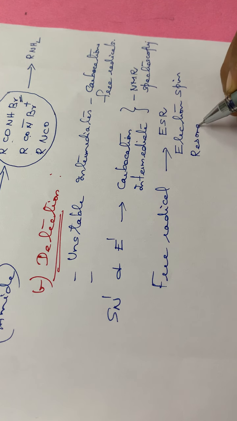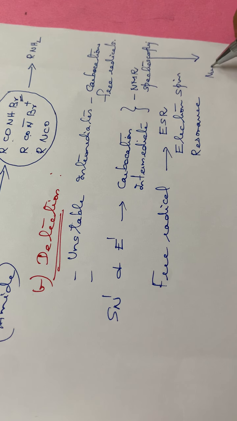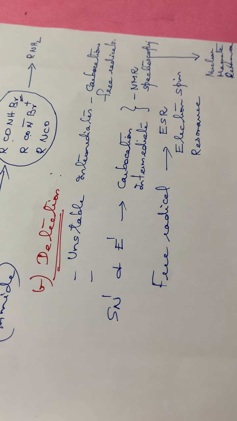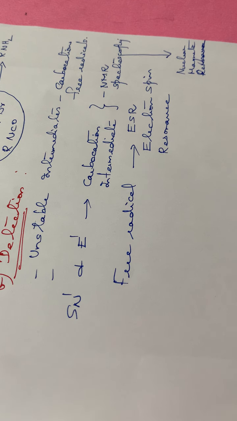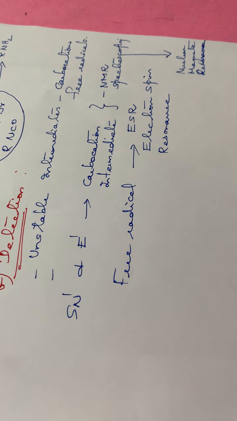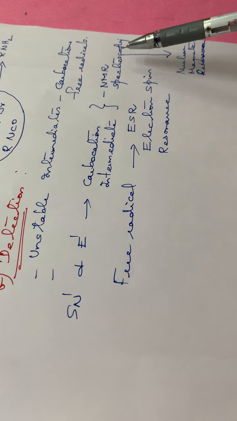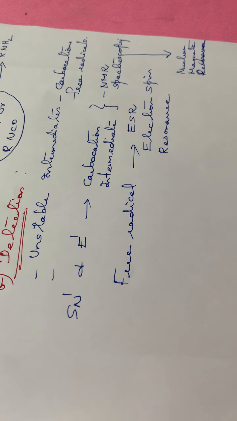This NMR is nuclear magnetic resonance spectroscopy. So this is the next step of detection of intermediates, that is by using spectroscopic techniques: carbocations by NMR and free radicals by ESR.